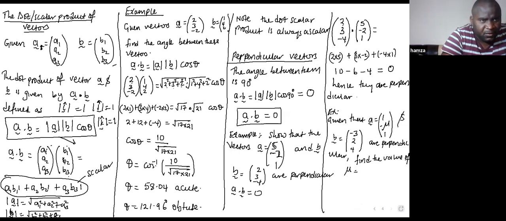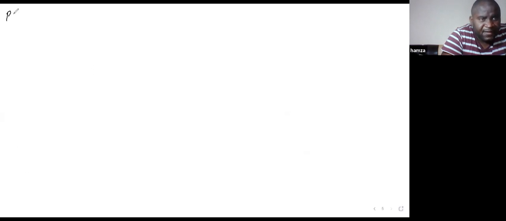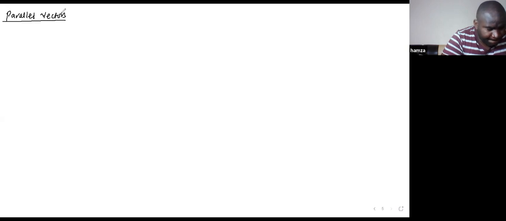The second last definition we want to look at is parallel vectors. Now, for parallel vectors, they have two items. One, the angle between them is 0 or 180 degrees. Then the other item is one is always a scalar multiplier of another.